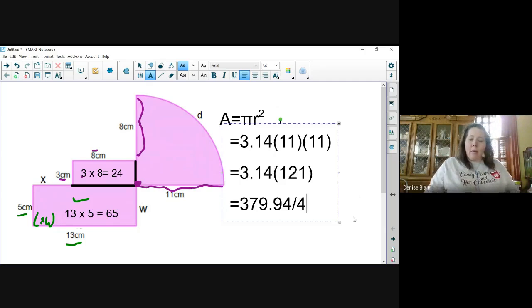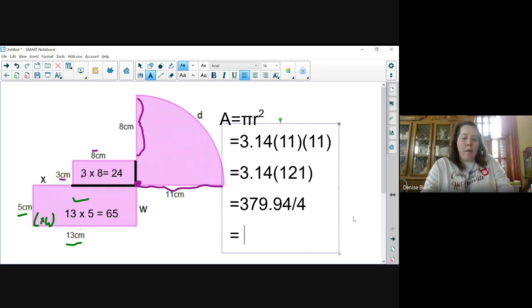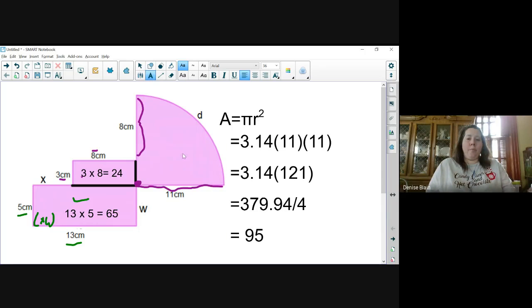In doing that, I end up with 94.985 centimeters squared. I'm going to round that to 95. So I'm rounding to the nearest whole number for this example. I'll put 95 here.